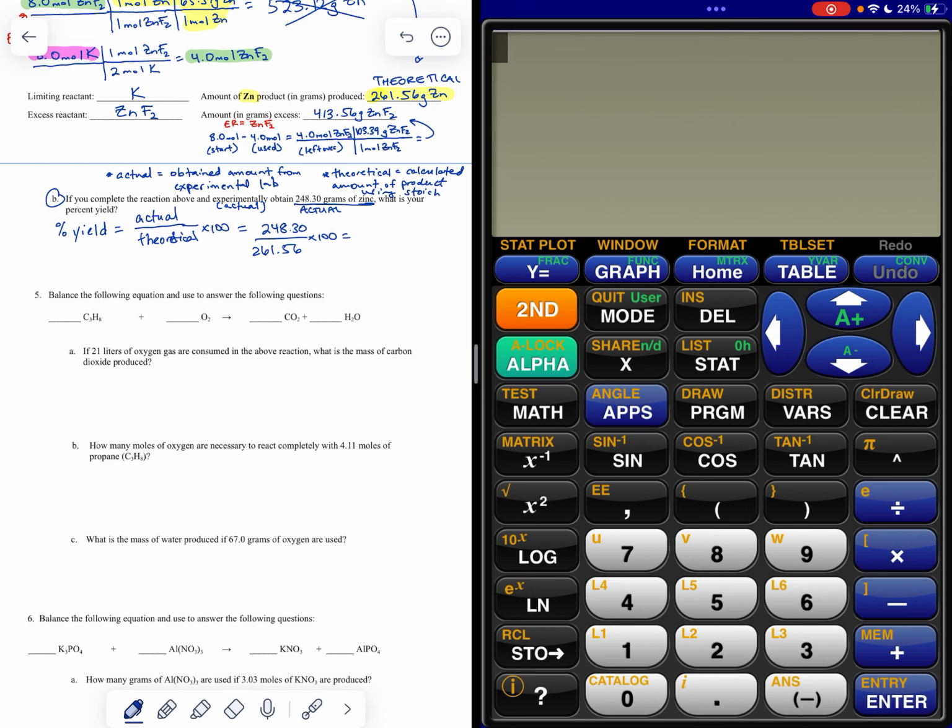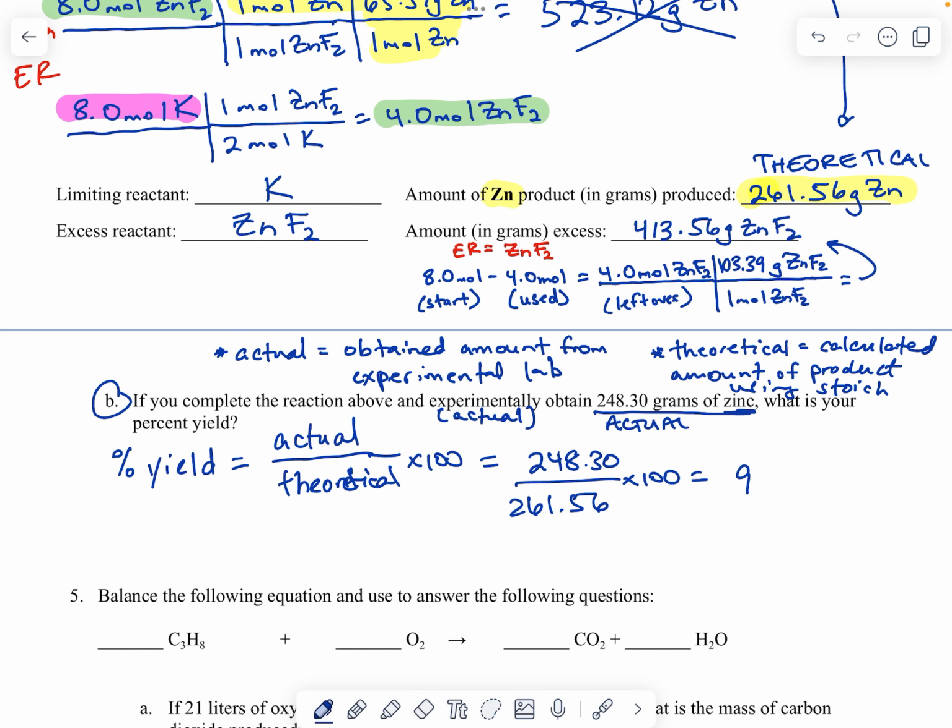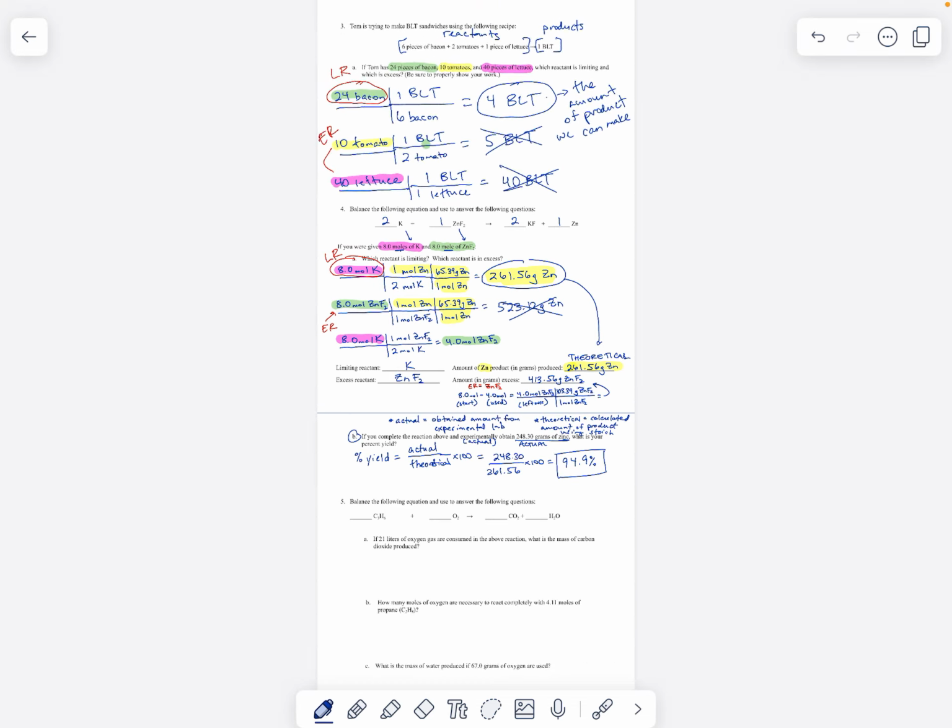So percentages, I'm usually good with just the tens place. So this is 94.9%. And the closer we are to 100, the better we did, because the closer we were to the theoretical value, what we calculated. So that's pretty much this in a nutshell.